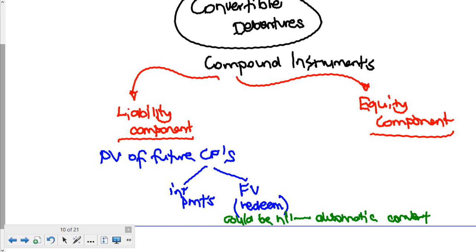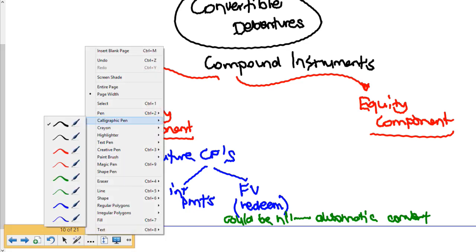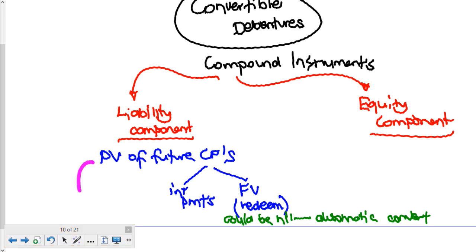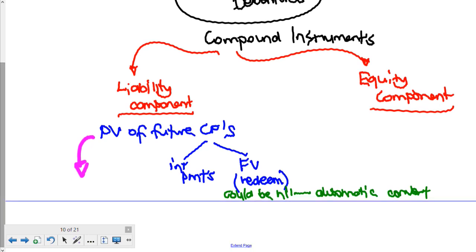We first work out the present value of the future cash flows, and we use a market I to do that calculation.